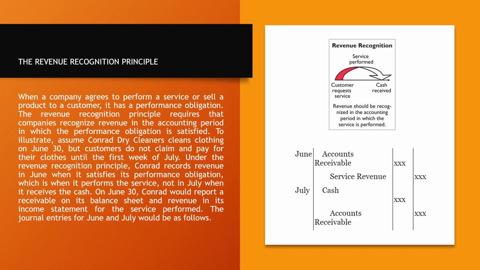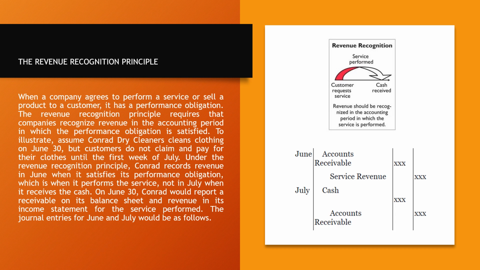The revenue recognition principle: when a company agrees to perform a service or sells a product to a customer, it has a performance obligation. The revenue recognition principle requires that companies recognize revenues in the accounting period in which the performance obligation is satisfied.